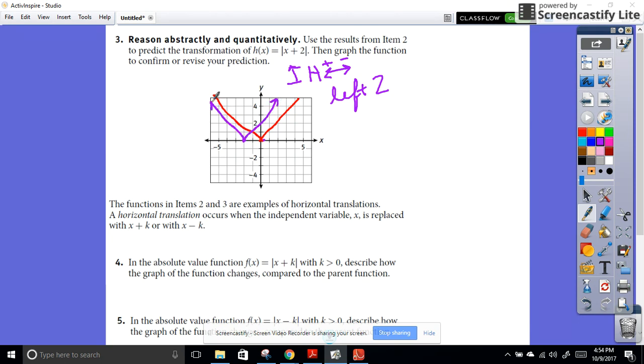Okay, now they want us to sum it up. Horizontal translations occur on the independent variable. So if you see x plus k, that means k is positive. Describe how it will change: k units to the, remember, inside horizontal, horizontal moves left and right, plus minus. So if you see that it's positive, it's going to move to the left.